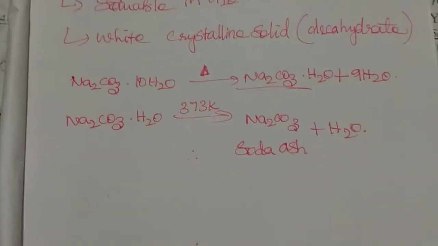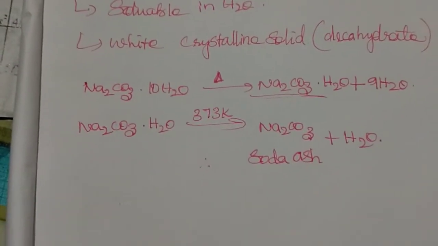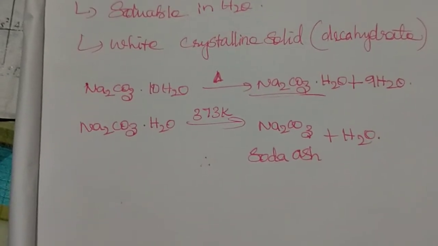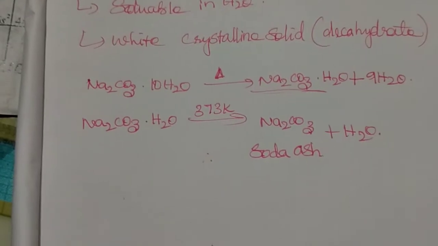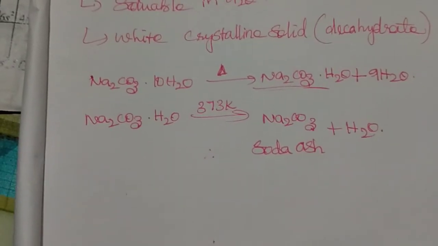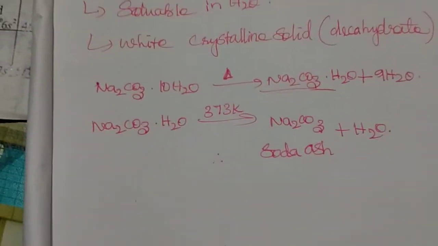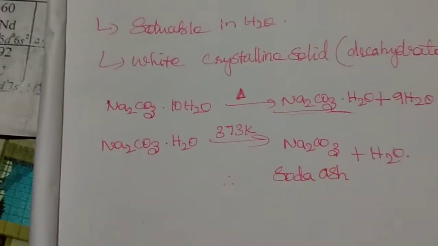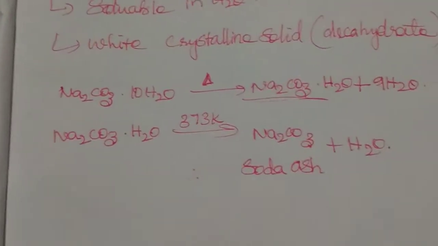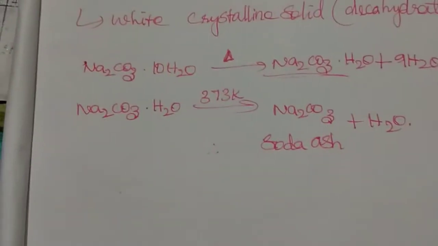Then it is also used in water treatment to convert hard water into soft water. We already learned this in the hydrogen unit 4, hardness of water. So we use this washing soda to remove the hardness of water.